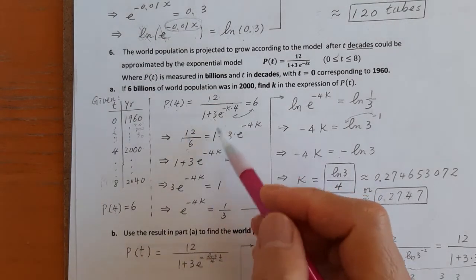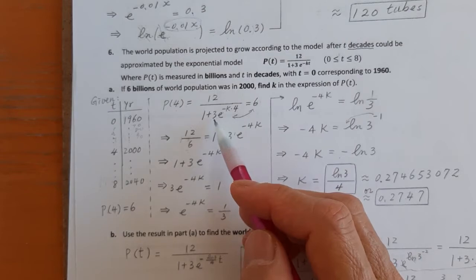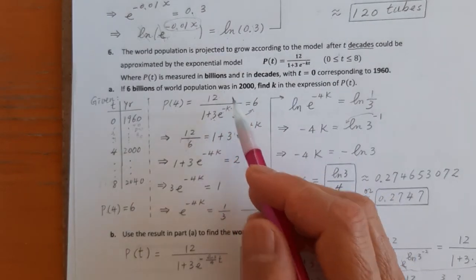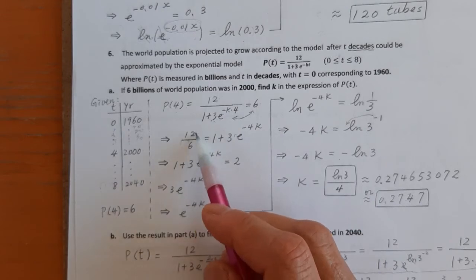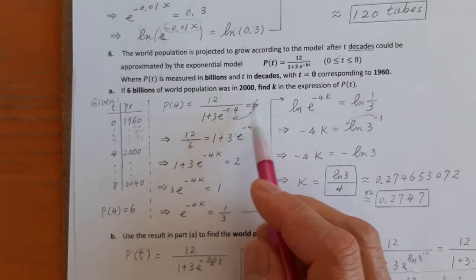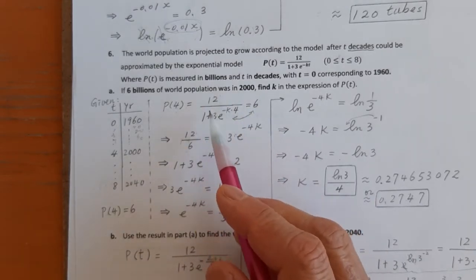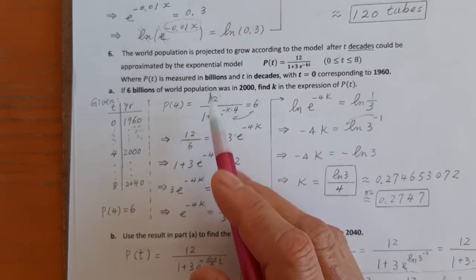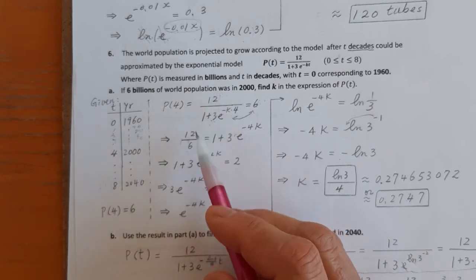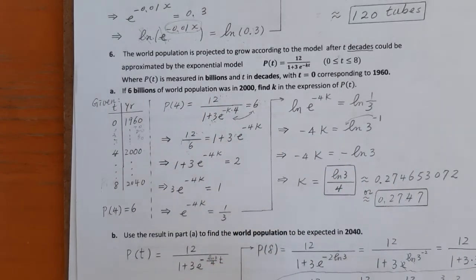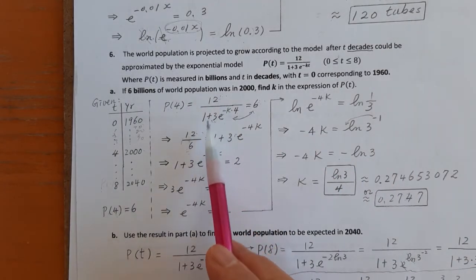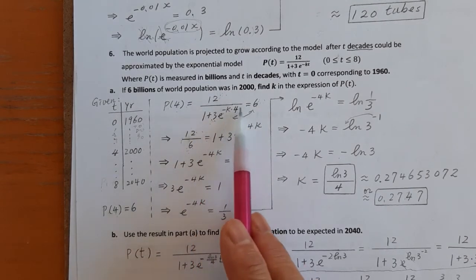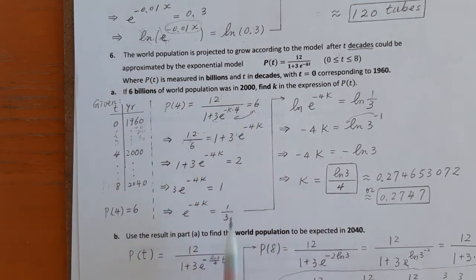It's still equivalent, because 6 times this equals 12, so this times 6 also equals 12. You can exchange the two, like 12 divided by 2 equals 6, so 6 times 2 equals 12. So 12 divided by 6 is 2, and you get this equal to 2.